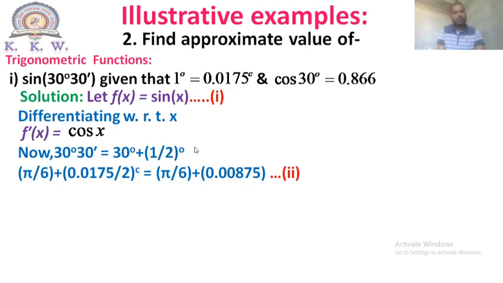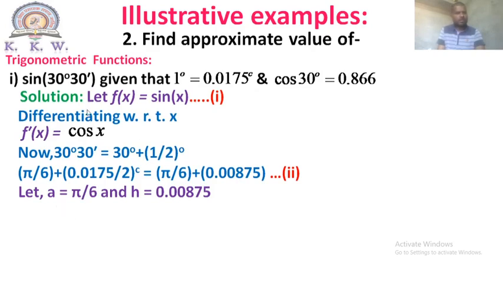Therefore 1 by 2 degree is equal to 0.0175 divided by 2 radian. Therefore, which is equal to pi by 6 plus 0.00875. Therefore, value of A is pi by 6 and H is 0.00875.